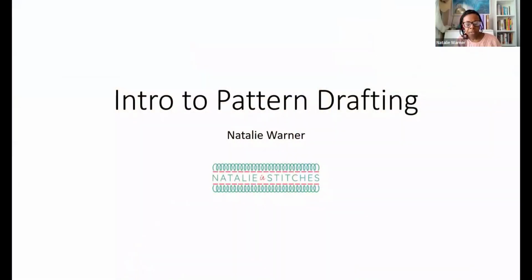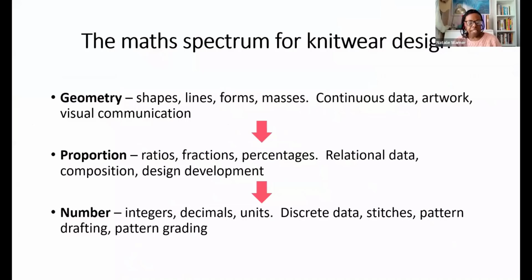So, I tend to see maths on a bit of a spectrum when it comes to knitting. And I feel that, just through my own practice, it has helped me to group up maths into these sections.